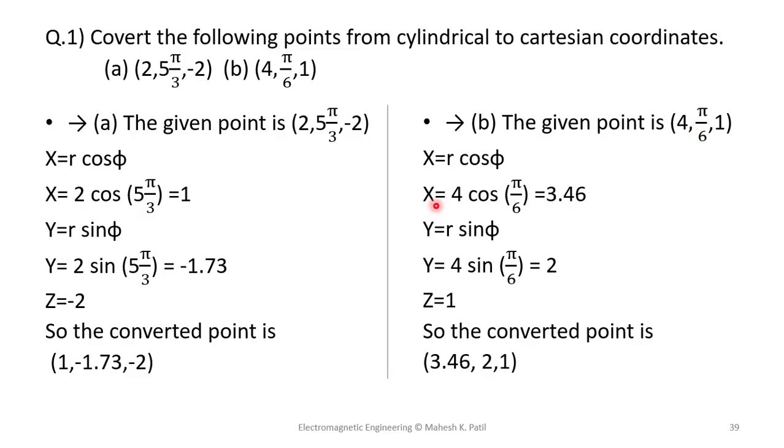Therefore x is equal to r cos pi by 6, so it is 3.46. Similarly, y is equal to r sine phi, so y is equal to 4 sine pi by 6, so if I solve this, I am going to get the answer as 2 and z equal to 1. So the converted point is 3.46, 2, 1.